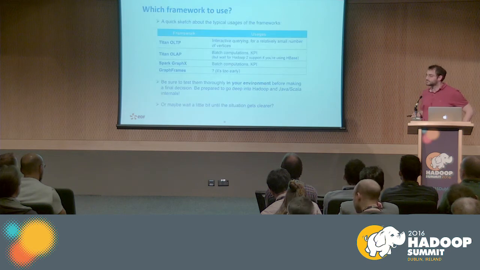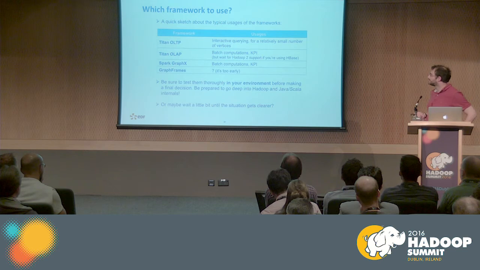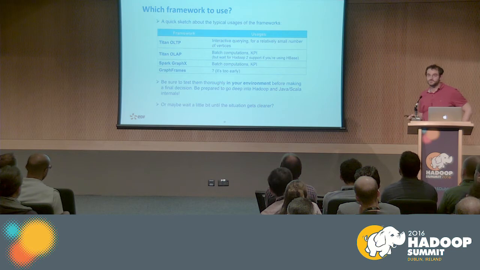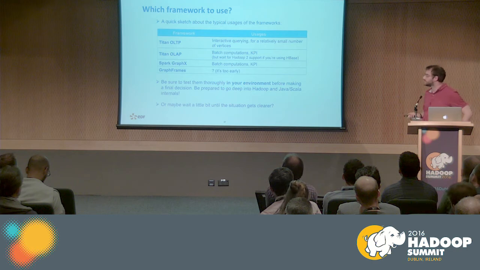Another thing, on a lighter note, some recommendations. After this study, we have a clearer understanding of the situation. The Titan OLTP interface is good for interactive querying, but for a relatively small number of vertices. 50,000 is good. Beyond that, the times become prohibitive for an end user.